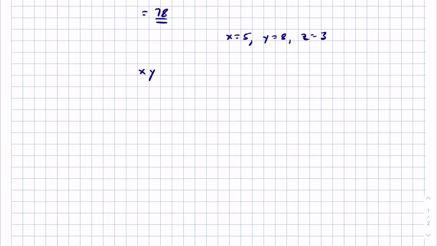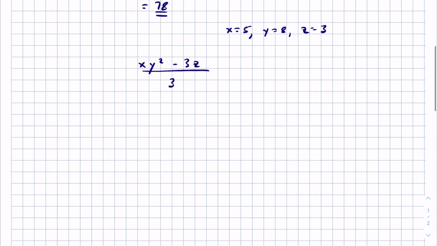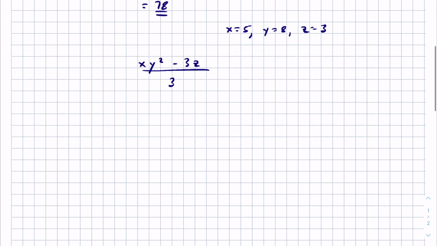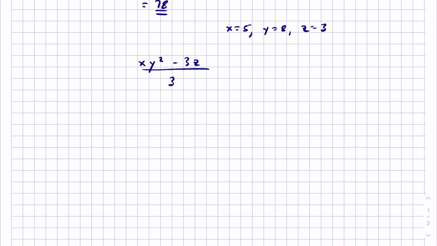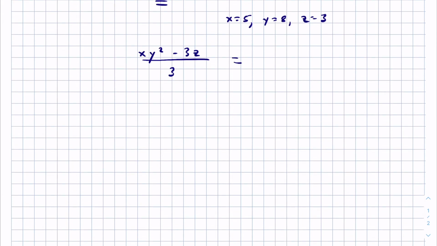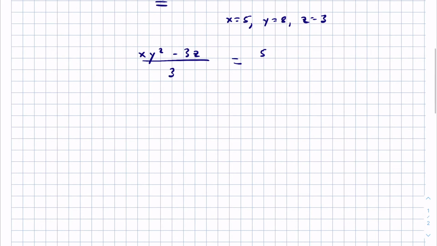We have x times y squared minus 3z, all over 3. Once again, we can plug the numbers into the algebraic expression. So now we're going to have 5 times 8 squared minus 3 times 3, all over 3.